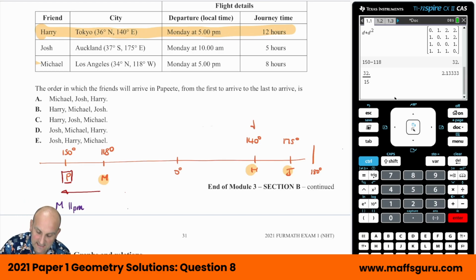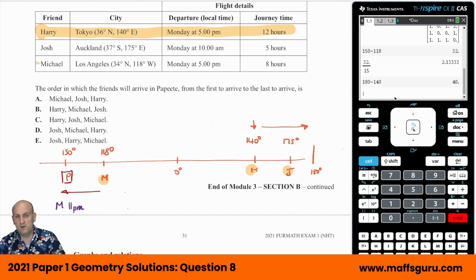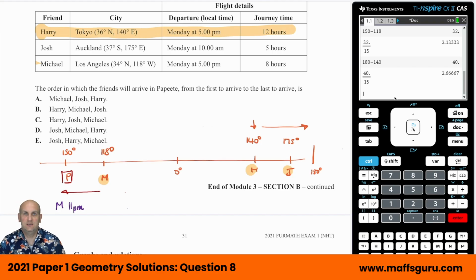So he's got to fly to the international dateline, which is 40 degrees. 180 minus 140 is 40 degrees. Divide that by 15 gives me, again, roughly 3 hours. So he's going to have 3 hours of his journey in his local time and then 9 hours backwards.